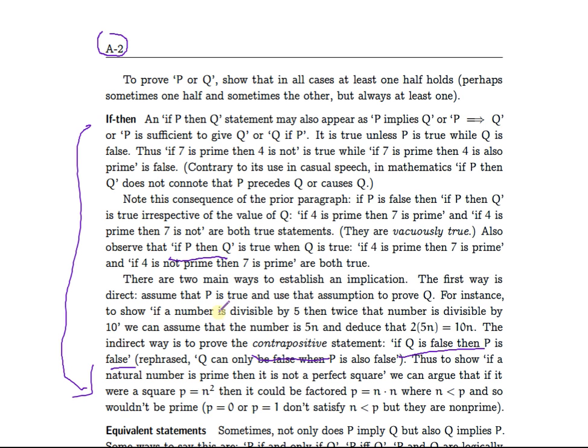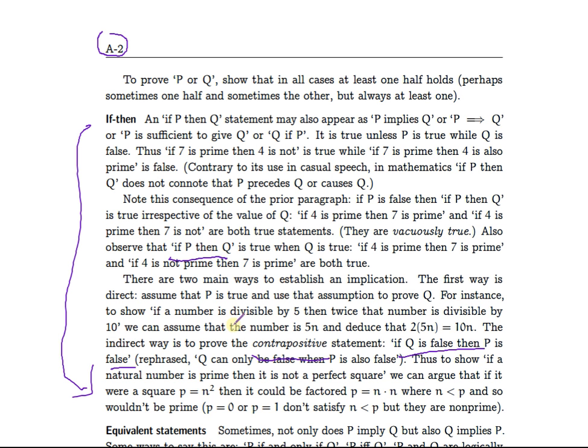If you want to say, for example, if we are in Austin, then we are in Texas. That's a true statement. That's the same thing as saying, if we're not in Texas, we're not in Austin.